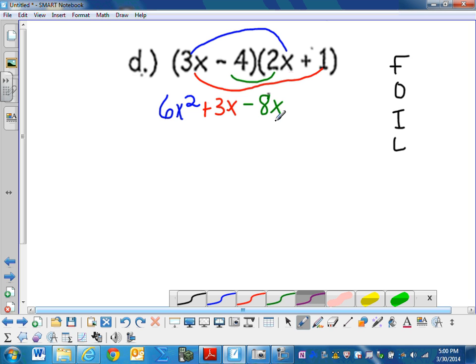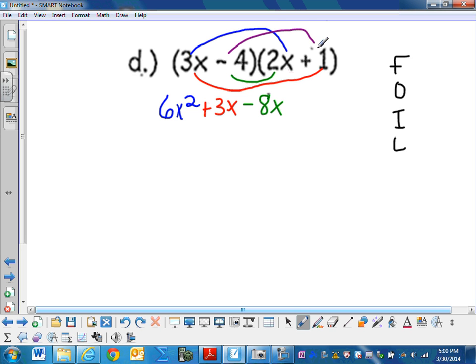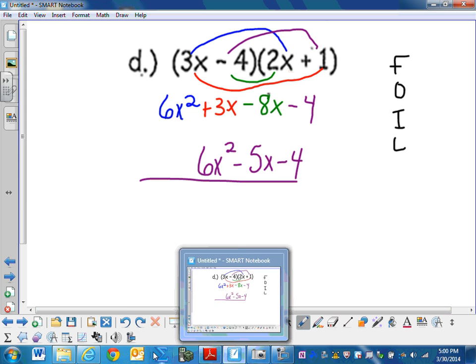And we'll multiply the last term, negative 4 times 1, which is a negative 1. No, it isn't. It's a negative 4. Just seeing if you're listening. Now we're going to combine any like terms. 6x squared minus 5x minus 4. And there we've done it.